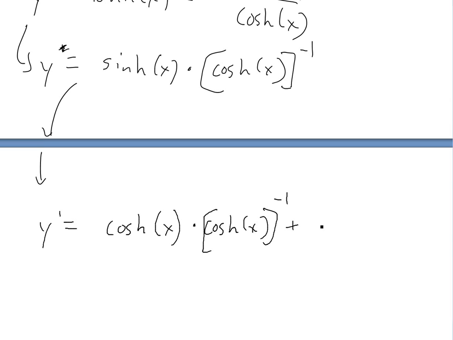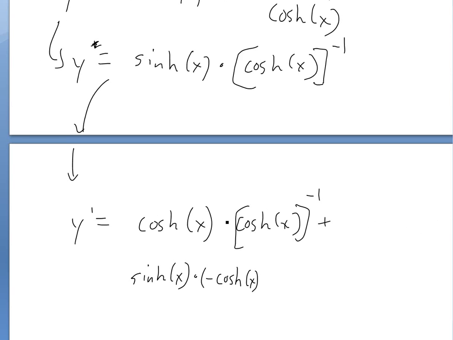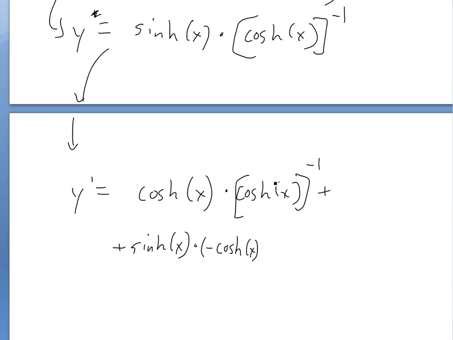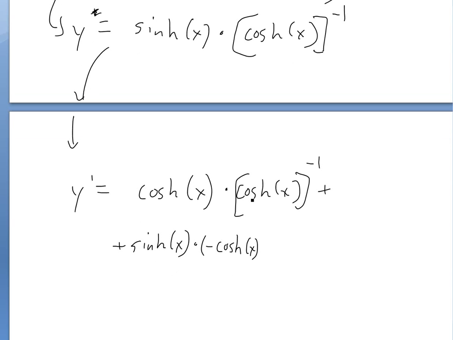We'll just write sinh first, and then write the derivative of it here, times negative 1 brought down, cosh of x to the negative 2. Yeah, I'll just drag it down here so I have some space. So this is plus, using the product rule, negative cosh x.